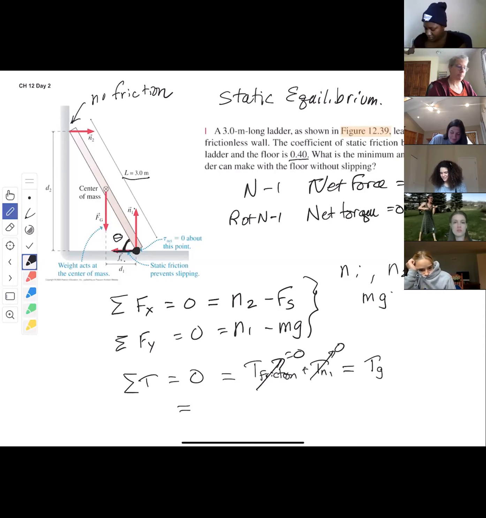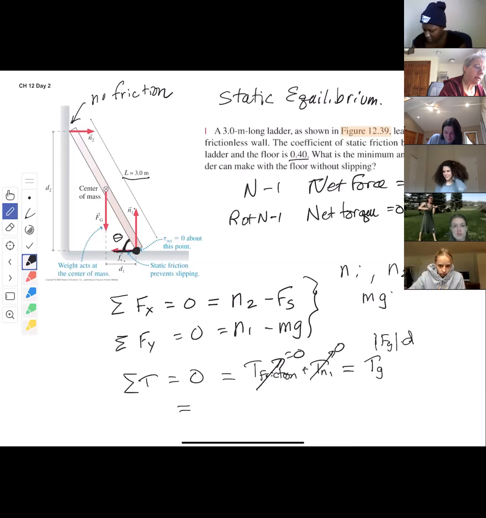So it would be the force applied due to gravity times d1. So it's the magnitude of the force due to gravity times d1. I think that is correct. Fg times d1. Did anybody else think of something else to put there?